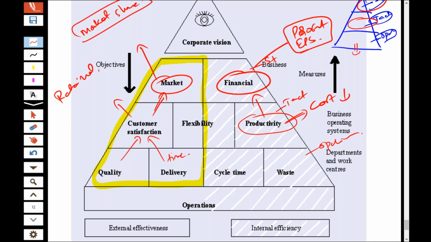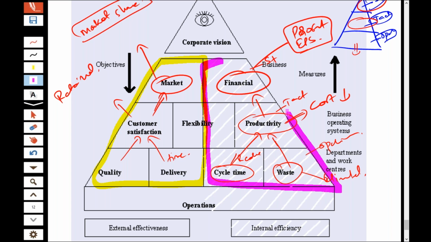And the productivity would enhance when the cycle time reduces and when the wastage is eliminated. So if you keep on reducing the cycle time of the processes and keep on eliminating the waste, your productivity would enhance. If your productivity enhances, you would be able to achieve the financial objectives.